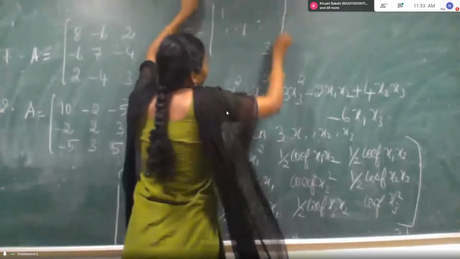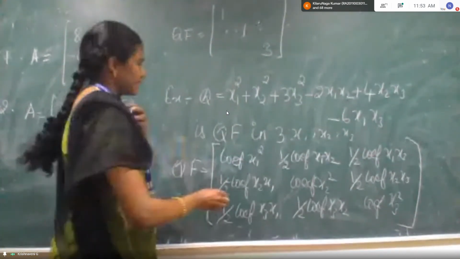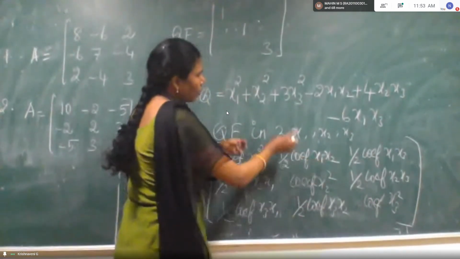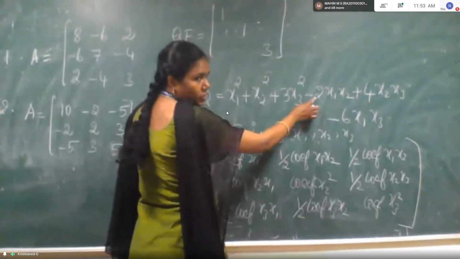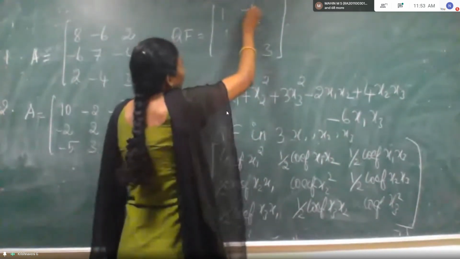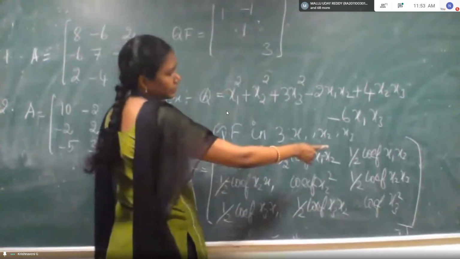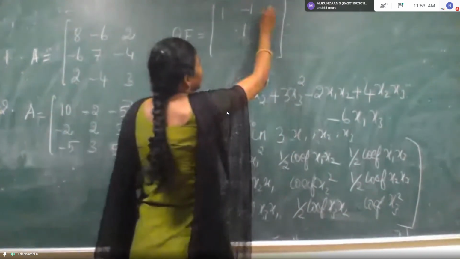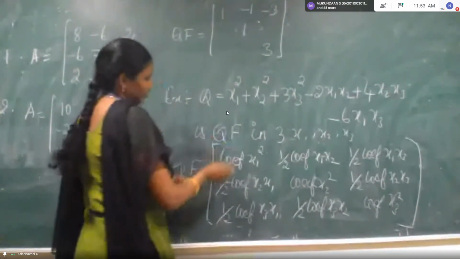Next, 1 by 2 into coefficient of x1, x2. Coefficient of x1, x2 is minus 2, divided by 2 that is minus 1. Next, x1, x3 is minus 6 by 2, that is minus 3.